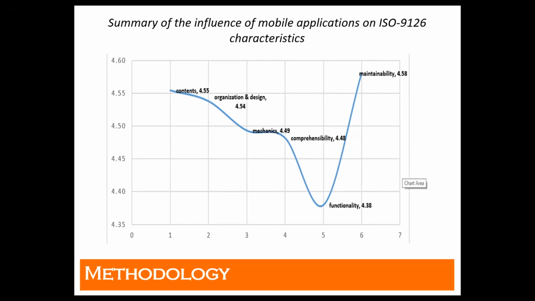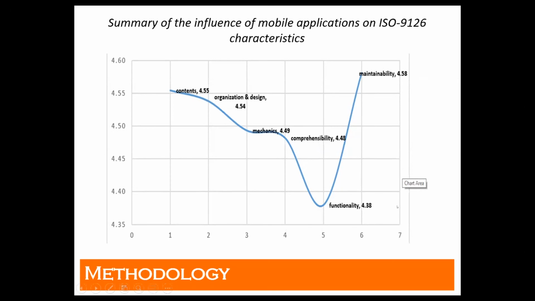The next is organization and design at 4.54, the mechanics of the system having 4.49 general weighted mean, followed by comprehensibility at about 4.48.